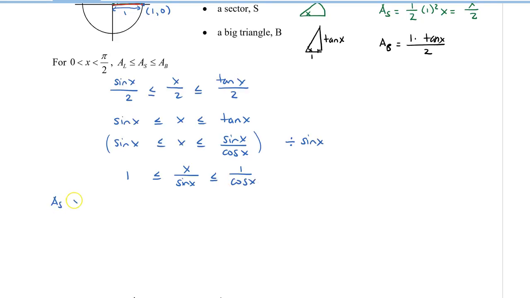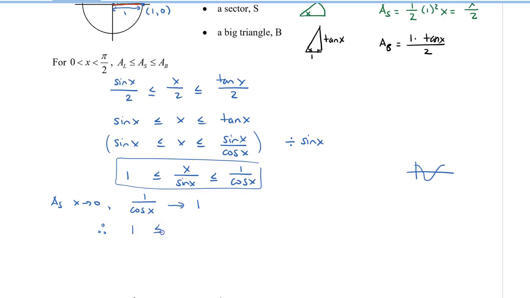Now as x approaches 0, because remember that our limit was x approaching 0, we know from the cosine graph, which I'll draw over here, as x approaches 0, cos 0 becomes 1. So this expression becomes 1. So therefore, this becomes 1 is less than or equal to x divided by sin x, which is less than or equal to 1.